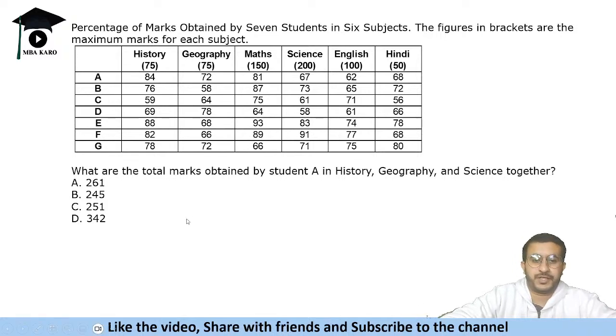What are the total marks obtained by student A in history, geography, and science together? We need to find the total marks.